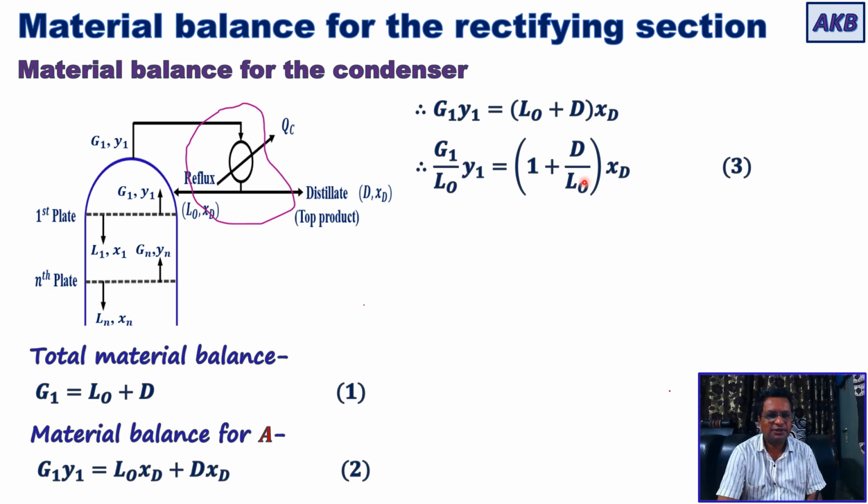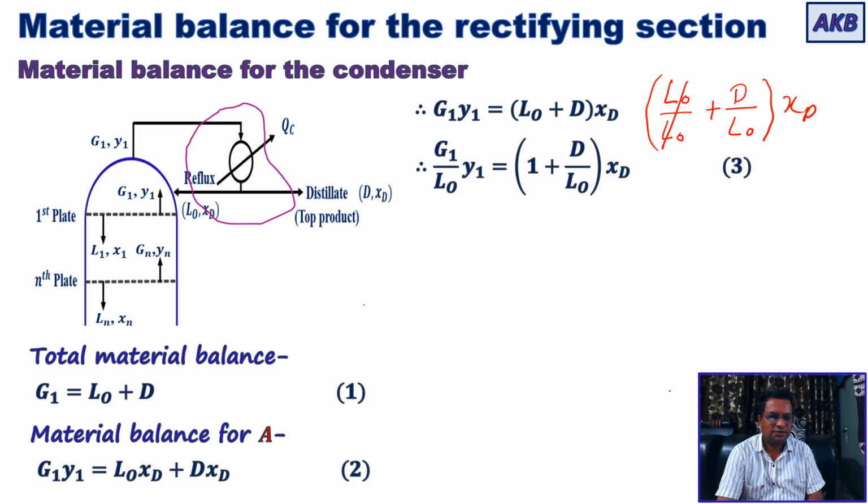So what is done in this case? If you look at the right hand side of this equation, it will be L0 upon L0, and L0 upon L0 is 1. Let me just tell you, when you are dividing, it will be L0 upon L0 plus D upon L0 into XD.